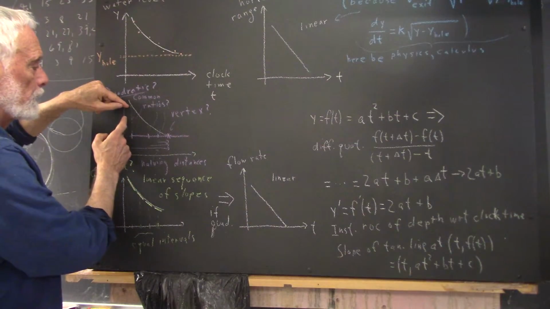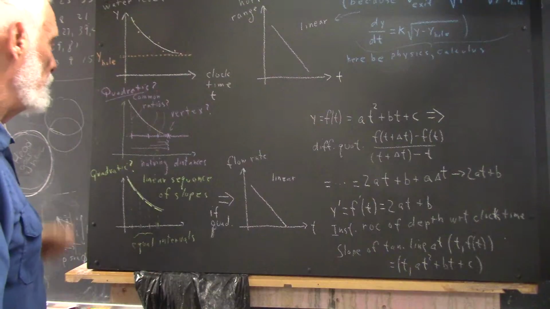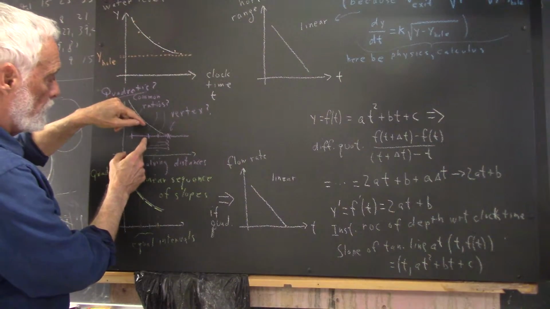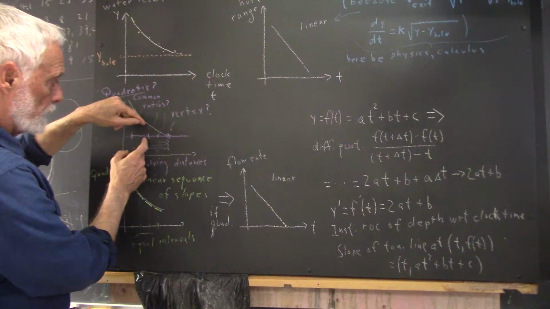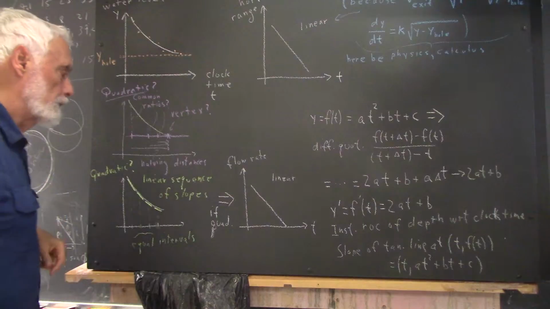And the ratio of this level to this level will be the same as the ratio we get between this difference in the levels and the difference we get if we go again halfway toward the vertex.